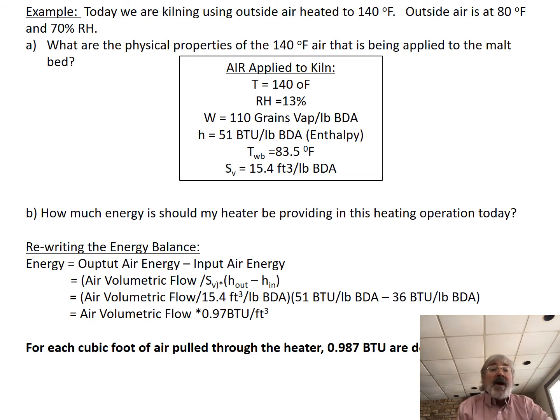So let's say if my airflow was 1 foot cubed per minute, then my energy requirement would be 0.97 BTUs per minute. All right? For each cubic foot of air pulled through the heater, 0.97 BTUs.